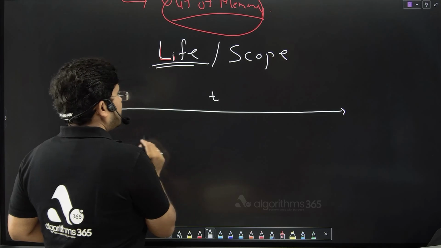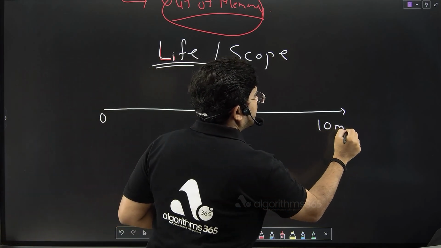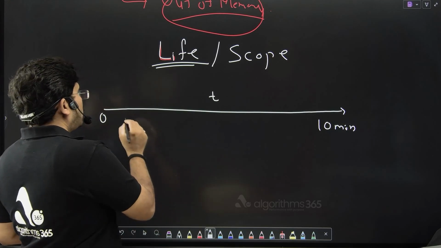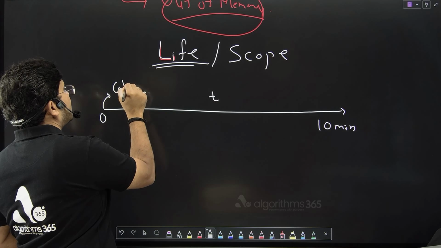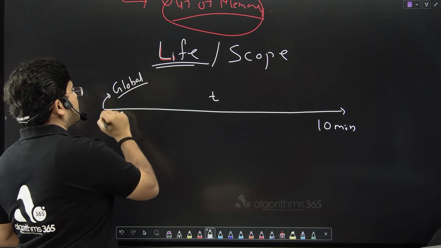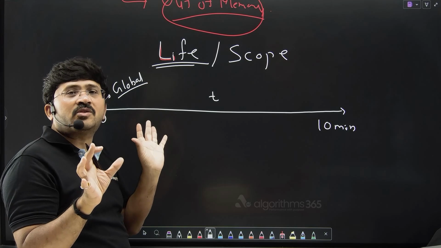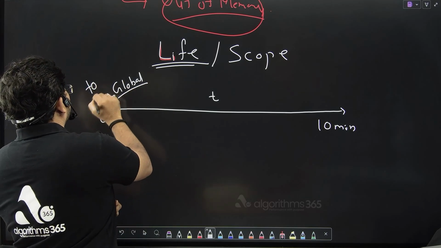This is t. So you're starting at 0 and then say you're running at 10 minutes. Your global variables get started here only, when your program starts. The global ones are declared at the beginning of the program. So they start at t0.